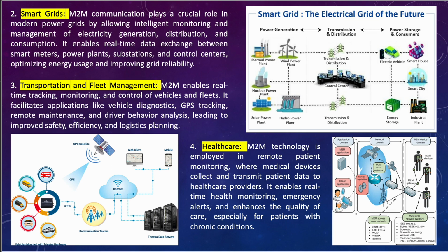It enables real-time data exchange between smart meters, power plants, substations and control centers, optimizing energy usage and improving grid reliability. So yes, we talked about each and every part, from storage to use of electricity and how that data can be used, and so on and so forth.